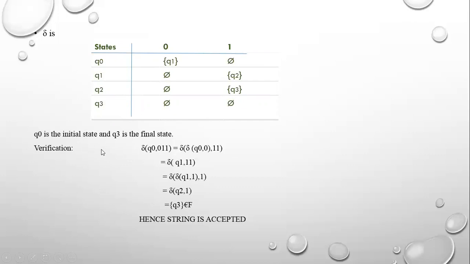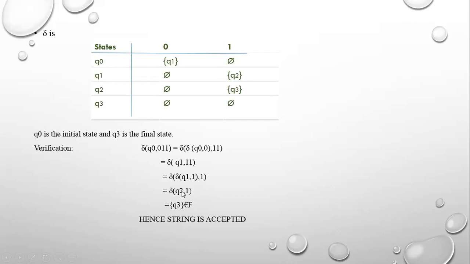How do we check whether the given string is accepted? That can be represented using delta. From q naught, our input string is 011. Check delta of q naught on 0: it reaches Q1. The rest of the string is 11. Delta of Q1 on 1 reaches Q2.